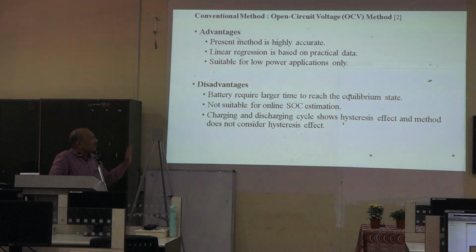Now the disadvantage, or why this method is not used in commercial vehicles: we are not able to identify the equilibrium state of the battery, which is a must in commercial vehicles.